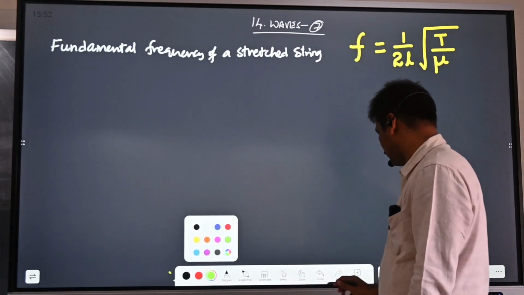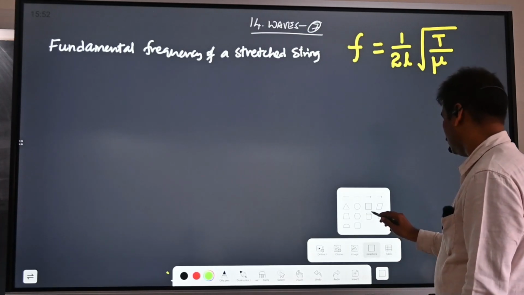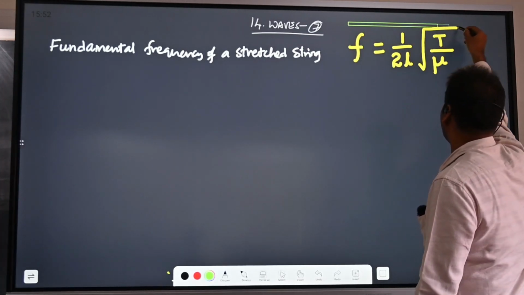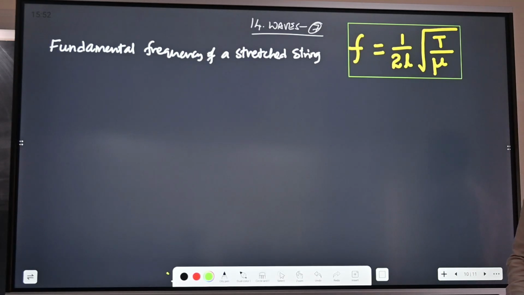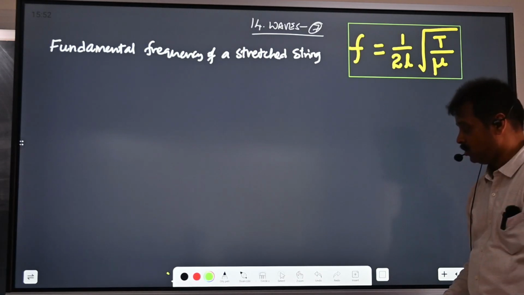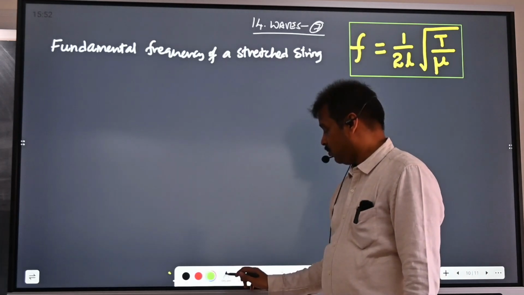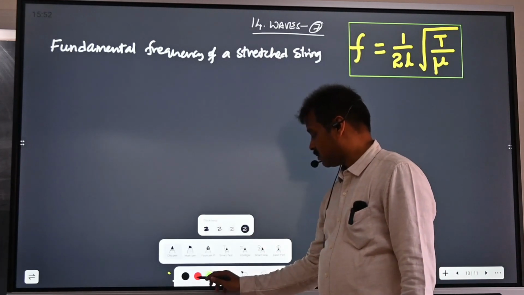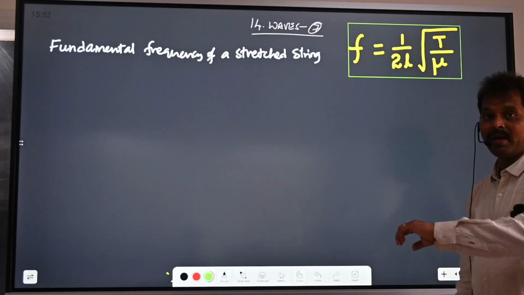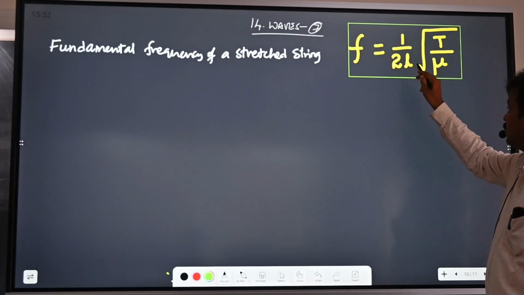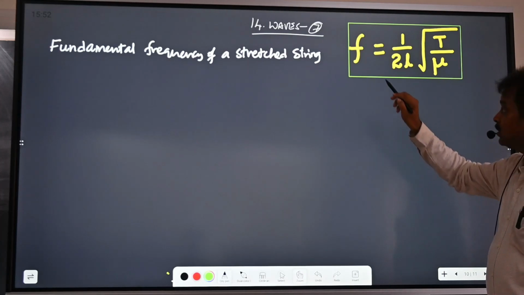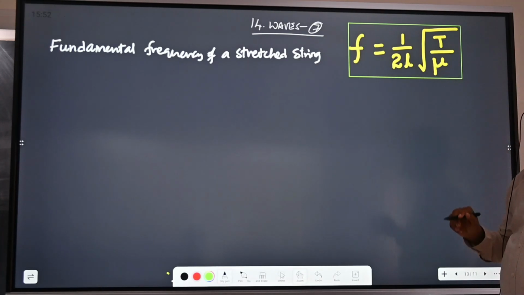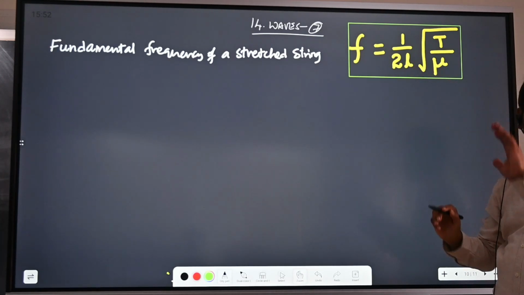So in this case, students, if you take this formula, F is equal to 1 by 2L root T by mu, we can compare the fundamental frequency with length, the fundamental frequency with tension, the fundamental frequency with mu, because 1 and 2 are already constants.